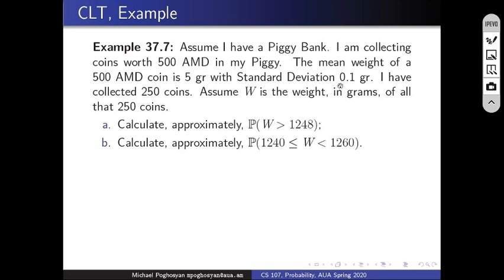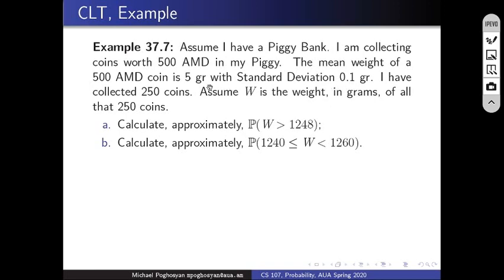With standard deviation 0.1 grams. Well, this is from me, myself. I do not know the exact standard deviation, so I'm assuming it is 0.1 grams around that 5 grams. Not every 500 AMD coin will weigh exactly 5 grams. So in the mean it will be 5 grams, but we'll have some distribution around that.